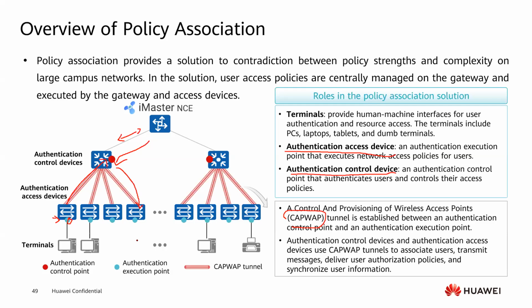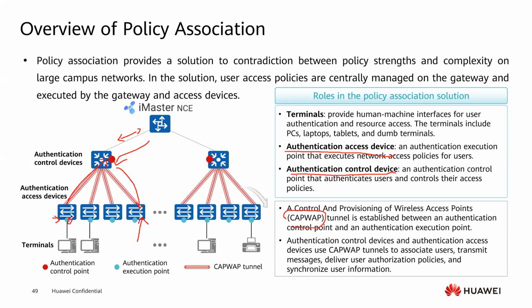So when the terminal's traffic enters the access device, the access device can do traffic control based on the authorized VLAN and ACL. In this scenario, the access device only receives the identification information and sends it directly to the control device.